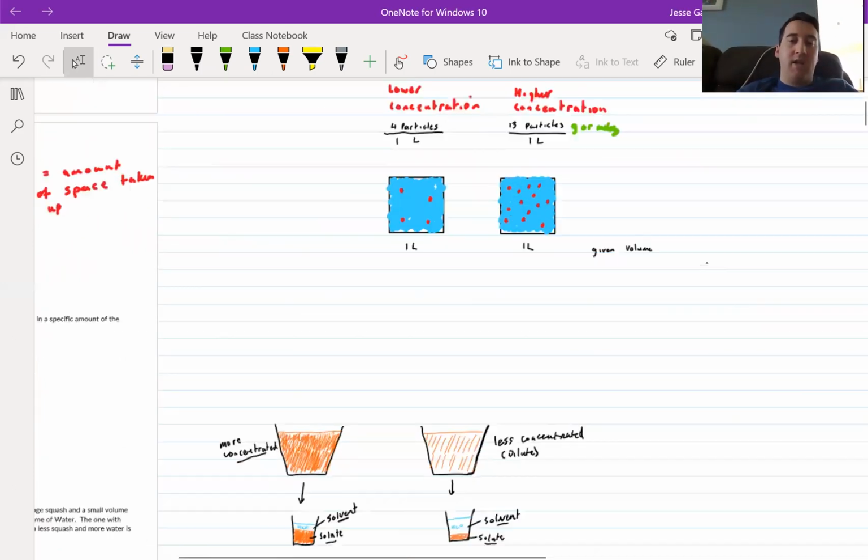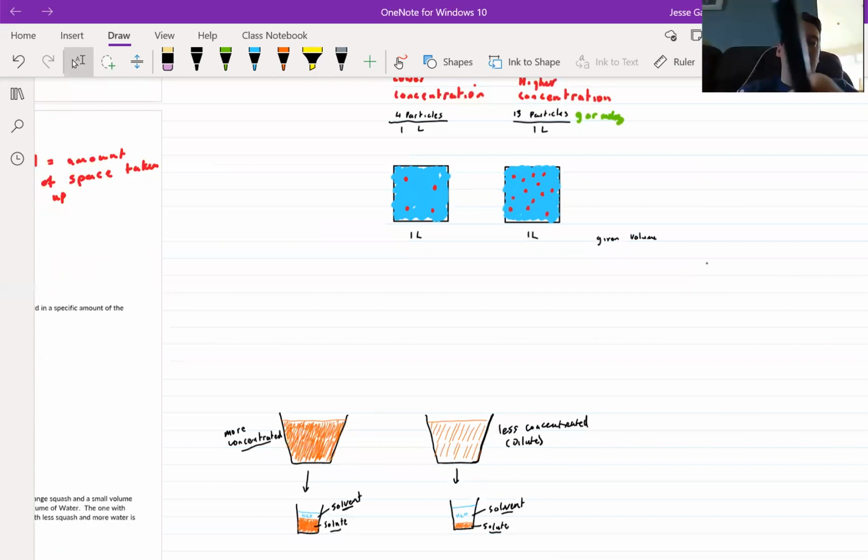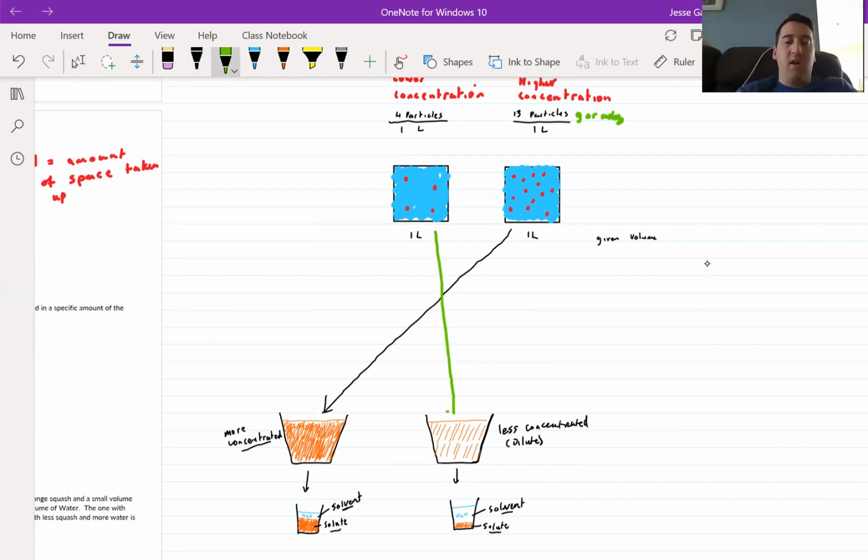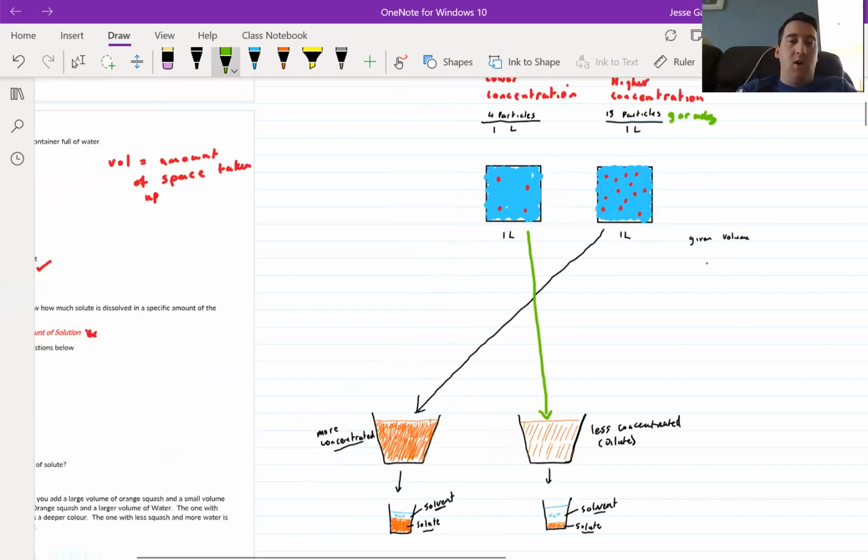If we link the two ideas together, this here is the higher concentration, so it has more particles for the amount of solution, or more grams or more moles, however you want to measure it. Whereas this one here has fewer particles for the same amount of solution. So that would be less concentrated or more dilute.